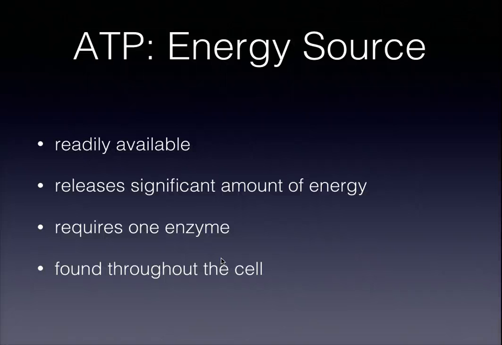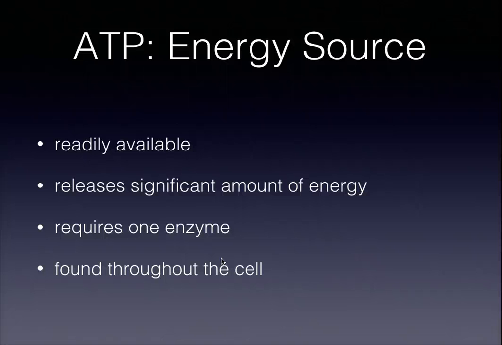As I mentioned, those are high energy bonds, so you get a significant amount of energy that's released. And this process only requires one enzyme. If we were to use glucose for energy, it would take several enzymes, and cells need energy quickly and all the time. So having these little ATP packets available is a much more efficient way to get energy.